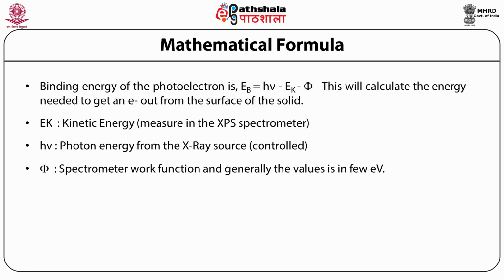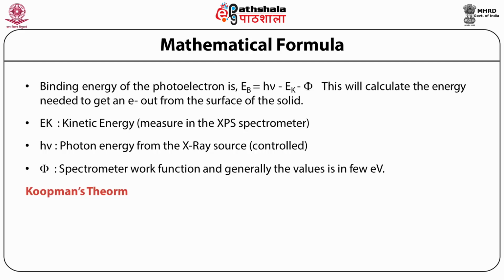The third point, kinetic energy of photoelectron increases as the binding energy decreases. Fourth, the intensity of photoemission is directly proportional to the intensity of photons. Fifth, a range of kinetic energies can be produced if the valence band is broad. Sixth, since each element has a unique set of core levels, kinetic energy can be used to fingerprint the elements.